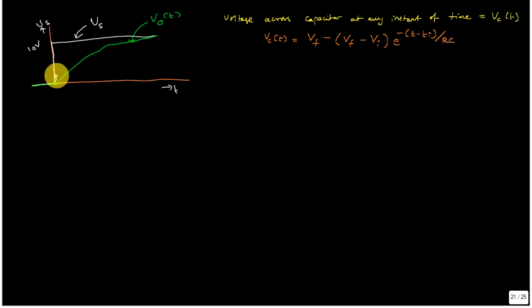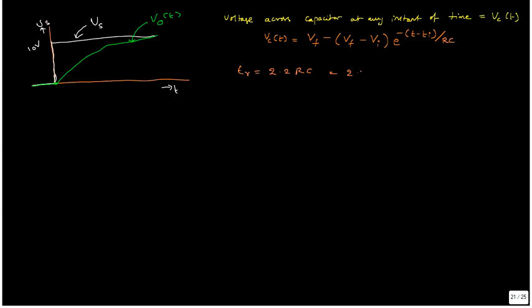Rise time is the amount of time required for the output waveform to go from 10% to 90% of its final value. Already we calculated that TR, the rise time, is 2.2 times RC.